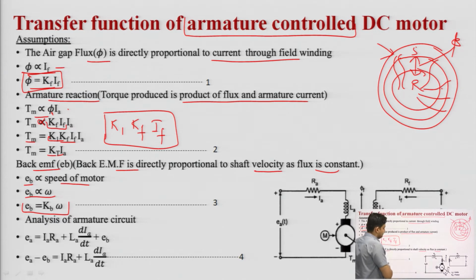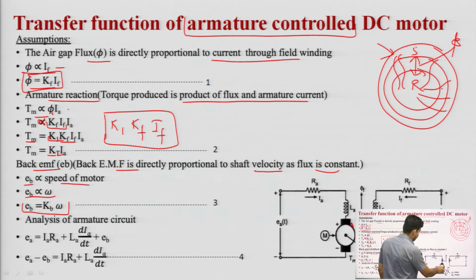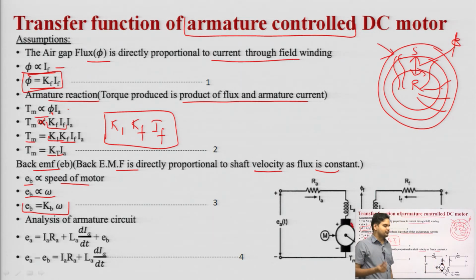This EMF will be generated whenever torque is applied across this motor, and it will try to oppose its own cause. This rotational speed, omega, is what is causing this torque, and the back EMF, being proportional to the speed of the motor, will try to oppose it.